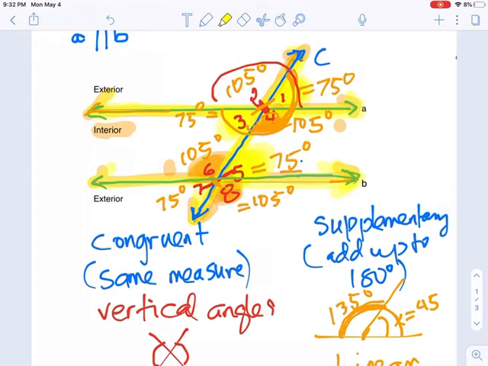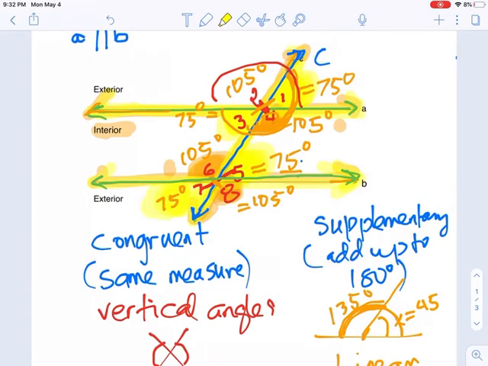We also can see that angles 1 and 7 are also congruent. They're both 75. And we can see that they are on opposite sides of the transversal. 1 is on the right and 7 is on the left.